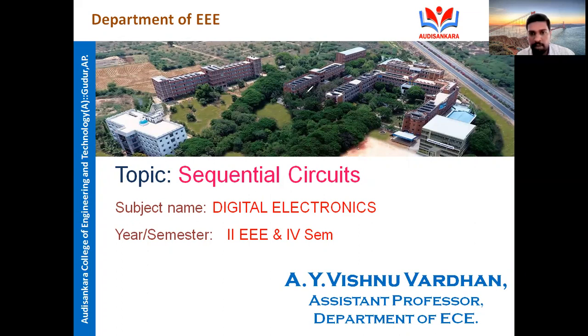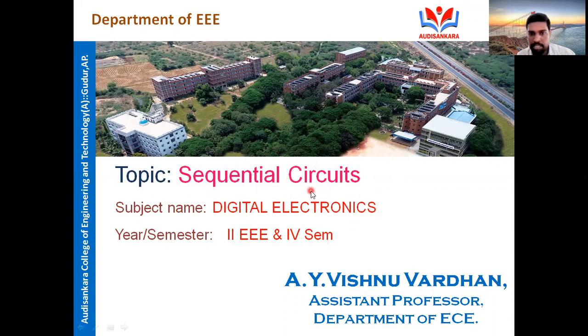One type we have seen in the third unit, that is combinational circuits. And today we are here to discuss the second classification. What is that? Sequential circuits. So what is the definition of sequential circuits, and how these circuits will start the operation, and how the outputs are being taken?